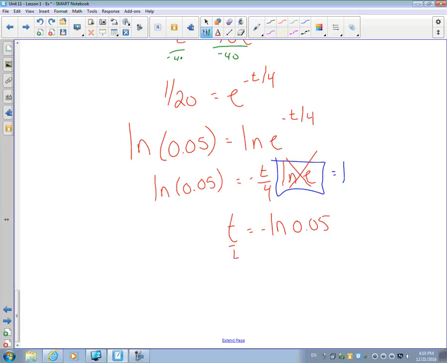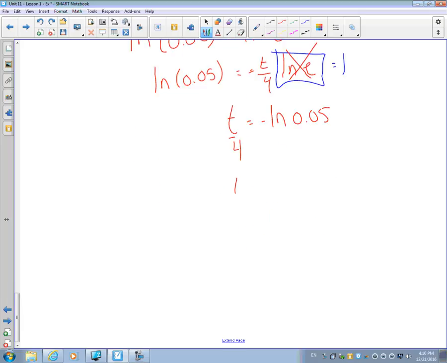Let's change sides here to make it look a little bit easier. Get rid of that negative sign. And again, get rid of that 4 by putting it out front. And that's something I can punch into my calculator. If you punch that into your calculator, negative 4 ln of 0.05, you should get 11.98. Okay, so it takes us almost 12 seconds to reach 95% of terminal velocity.